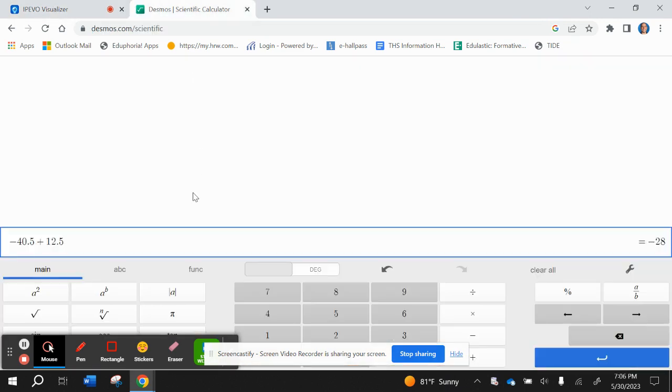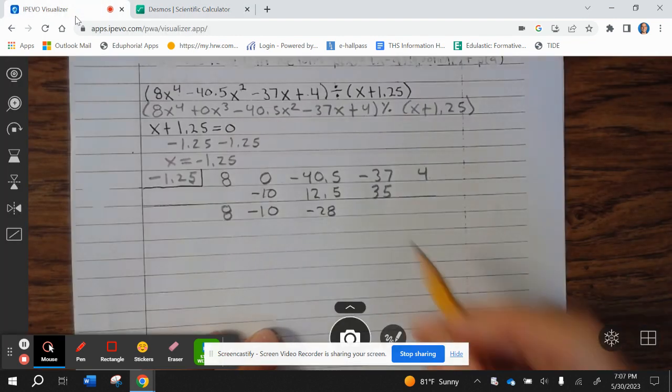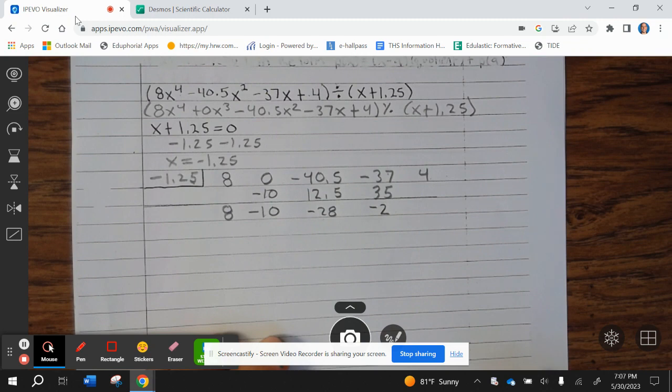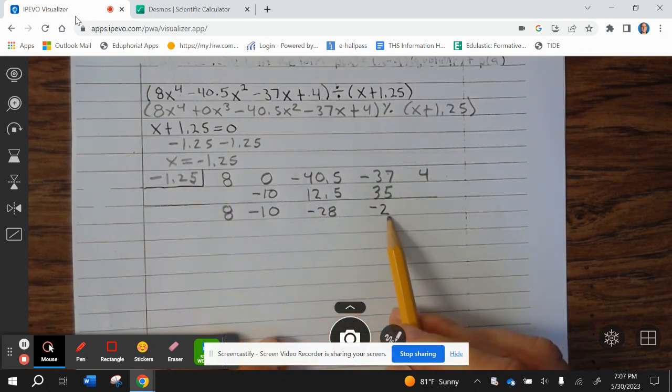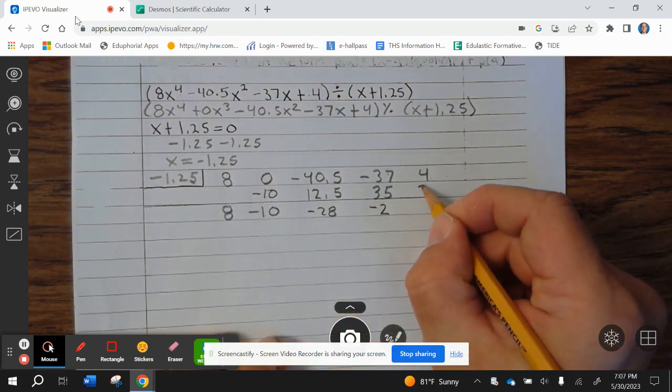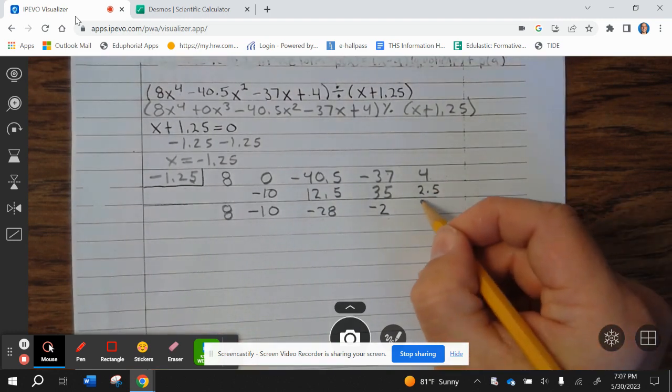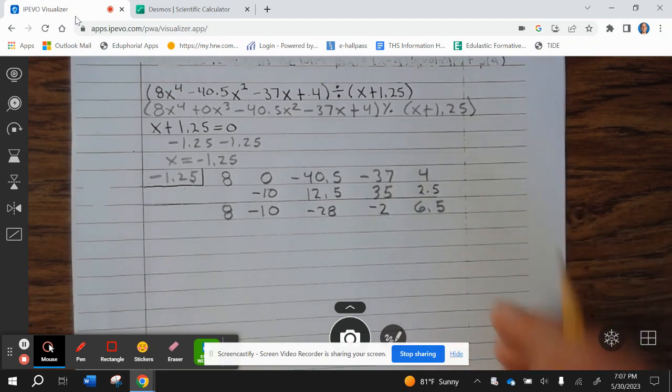So negative 1.25 times negative 28 is 35. Negative 37 and 35 is negative 2. Negative 1.25 times negative 2 is 2.5. This combines to be 6.5.